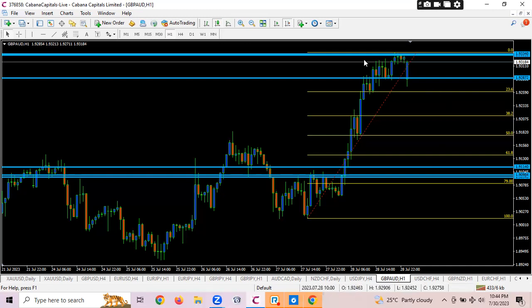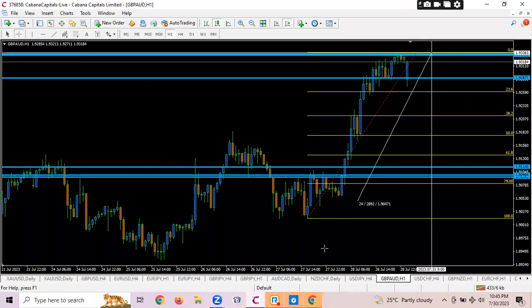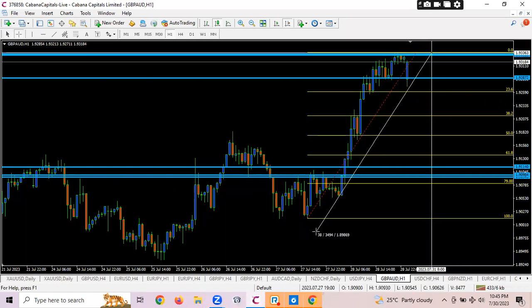For example, if you execute a buy from this point, you have to set your stop loss at this level. That's 325 pips, which would be the risk on the trade. You can set it at this other level, but the truth is that they can easily hunt your stop loss there, while it will be difficult for them to hunt it at this level. So do you want to take this kind of risk?